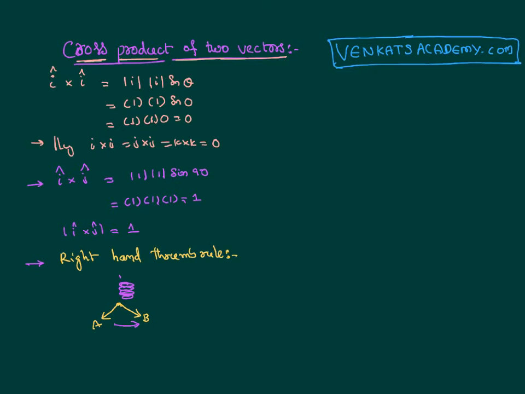I have to curl my fingers from a bar to b bar. Then the direction of the thumb gives the direction of the vector. So this is the direction where I have folded my fingers from A to B. This is the direction of the thumb, which is perpendicular to the curled fingers. So that will be the direction of A bar cross B bar.